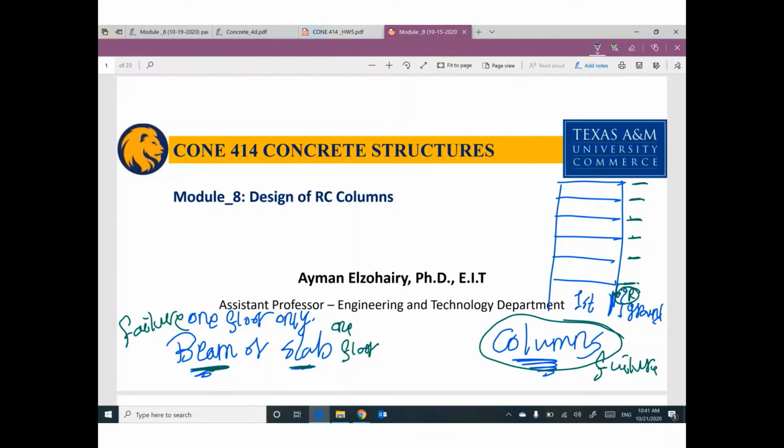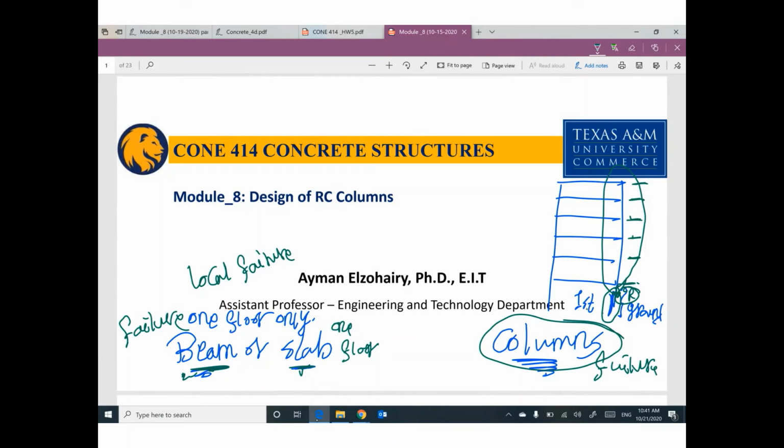No. Failure in one beam or part of the slab is a local failure in one floor in the building. I can solve this issue. I can strengthen, I can upgrade this local failure. But if you have a failure in a column, this failure will not affect only one part. It will affect the whole building, if this column is in the ground floor, in the first floor.